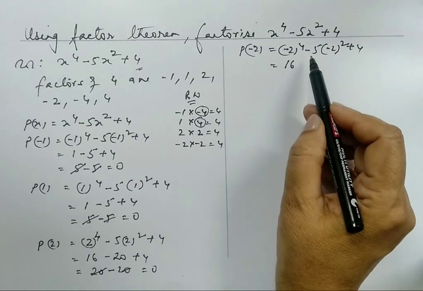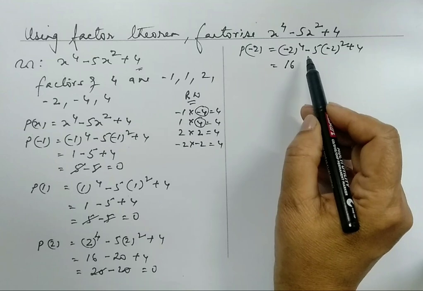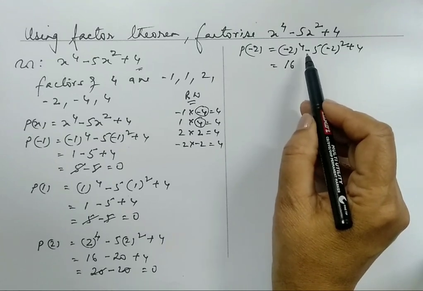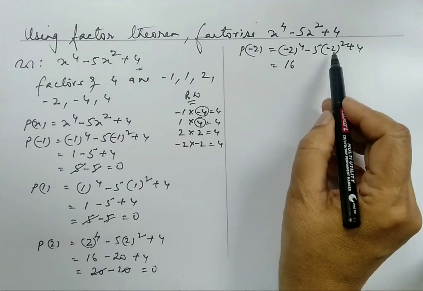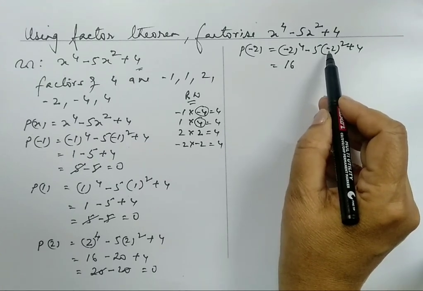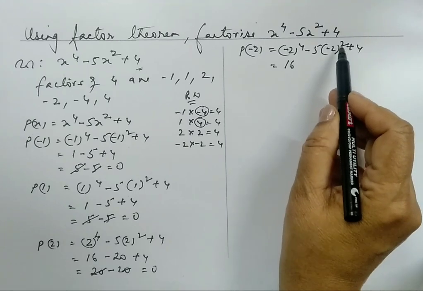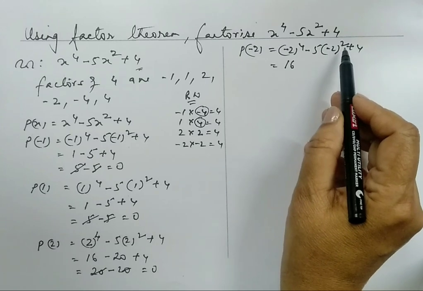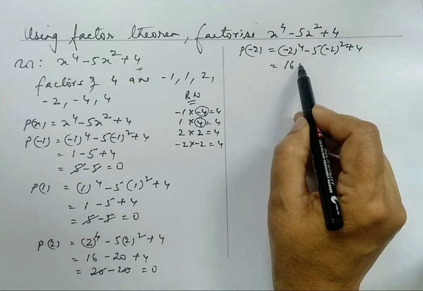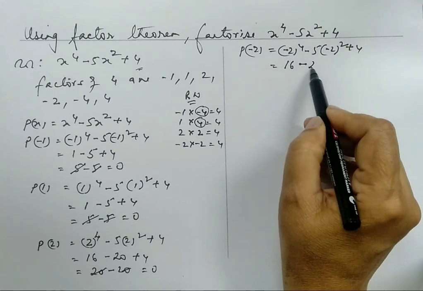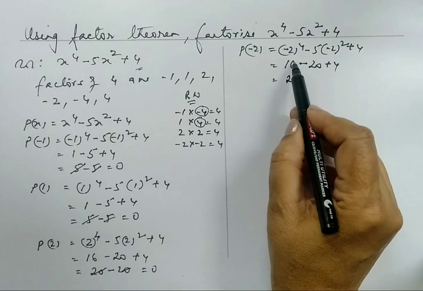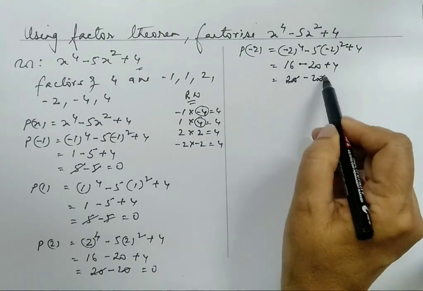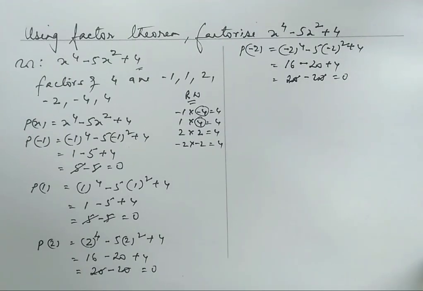Minus 2 into minus 2 is what? Plus 4. Similarly, another 4 we'll get, and we'll get 4 into 4 is 16. So here again we have a positive 2 into 2. Okay, 4, minus 2 into minus 2 is 4, but we have a negative over here, so we get minus 20 plus 4, which means 20 positive, this and this, and this gets cancelled, we get 0 here.